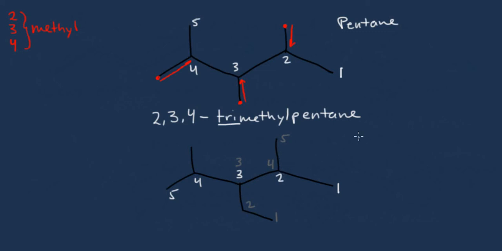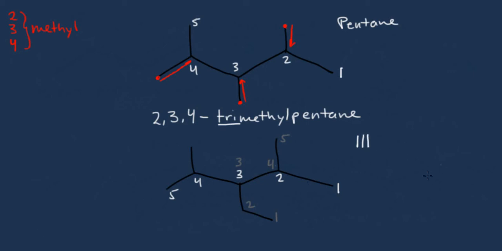So I'm just going to put a tally mark. So that's one substituted group. And then there's another substituted group on the 3 position, so that's another tally mark. And then going more along, we have another substituted group on the 4 position. So that's another tally mark.